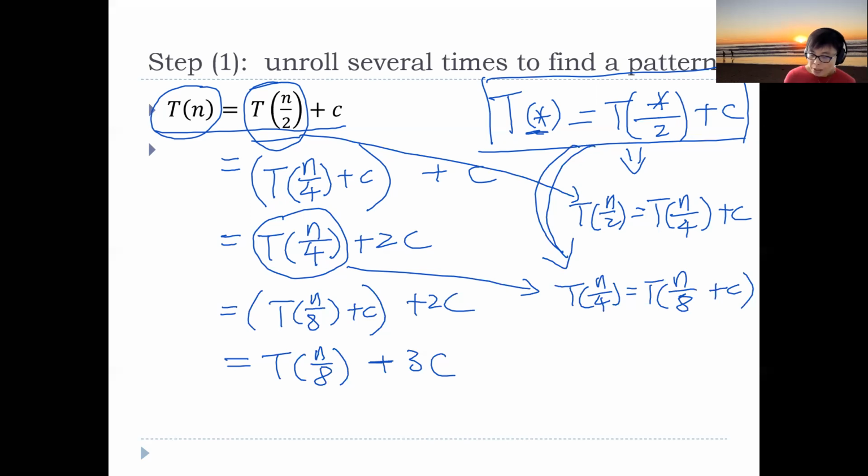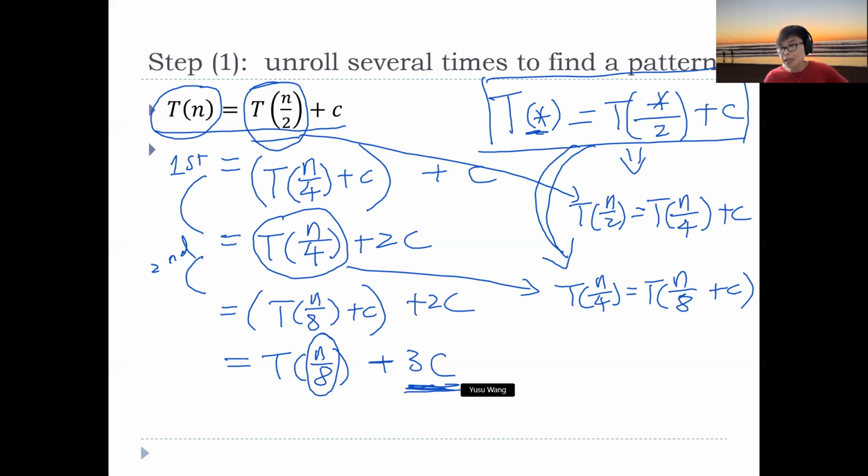What is the pattern? This is the first unrolling, and this is the second unrolling. What we see is that every time you perform this unrolling, you expand it using this formula. Inside the variable, the size is divided by 2, because every time we apply this, it's half the size. And outside, I add one new additive factor, which is c.